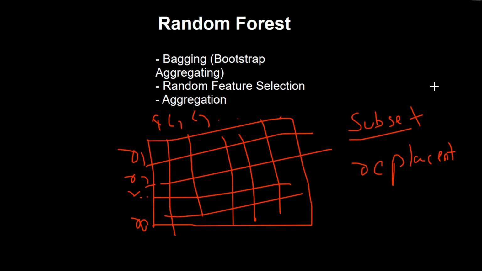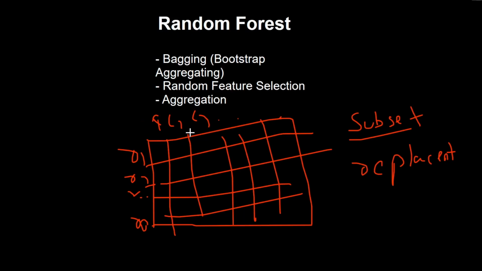So for each tree, we take a random subset of data. Not only is the data randomized, but also the feature selection is random. What do we mean by it? In the normal decision tree, we consider all features and take the feature which has the least Gini impurity, and we split according to it.